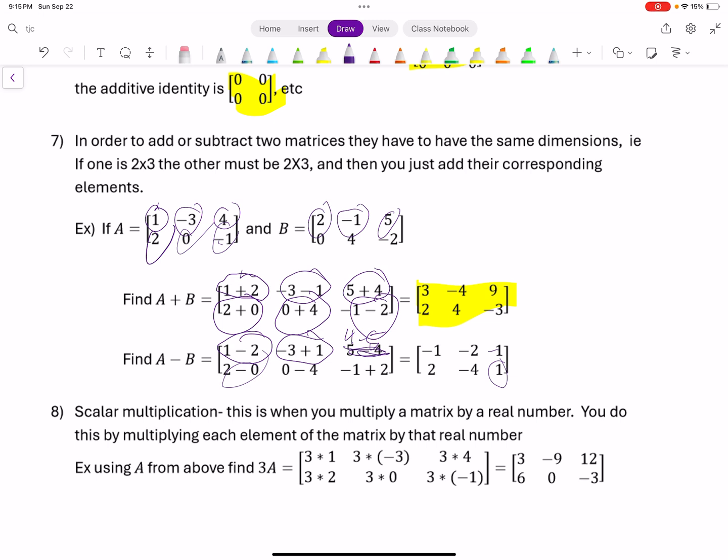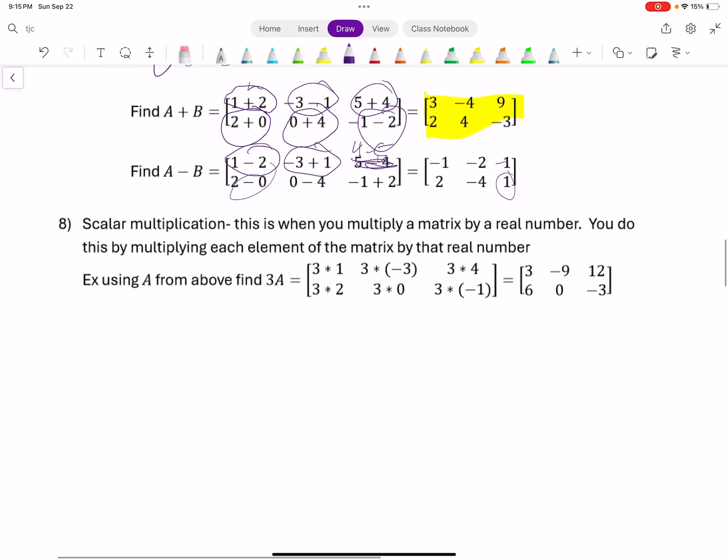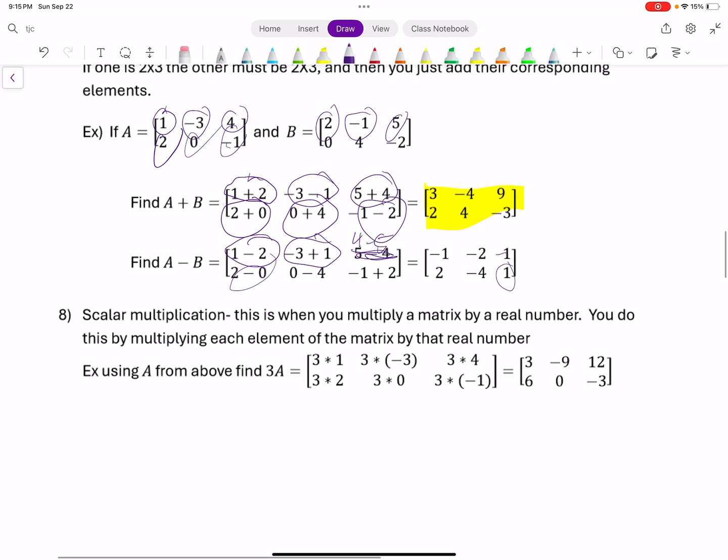We also have what's called scalar multiplication. Scalar multiplication is we take a matrix and you multiply it by a constant in front. So if we take matrix A, 1, -3, 4, 2, 0, -1, and we multiply it by 3, we're going to multiply each individual element by 3.